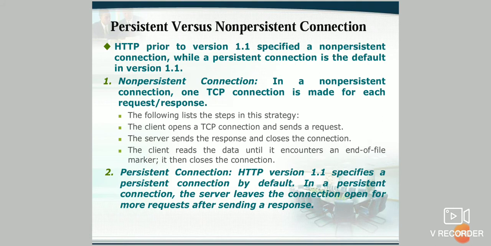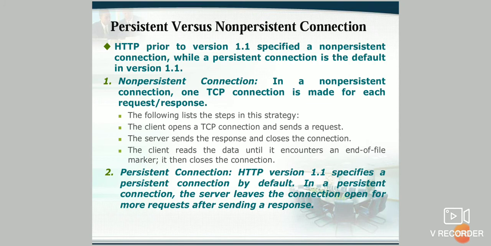These steps are followed in the case of a non-persistent connection. The client opens a TCP connection and sends a request. The server sends a response to the request, and after sending the response, the server closes the connection. After receiving the data, the client reads the data until it encounters an end of line mark.